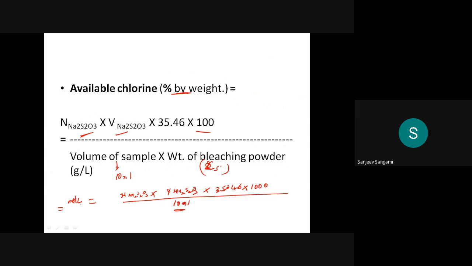If you are finding the available chlorine in bleaching powder, you have to follow this, where V is the volume and N is the normality. This is your explanation of the available chlorine in bleaching powder experiment.